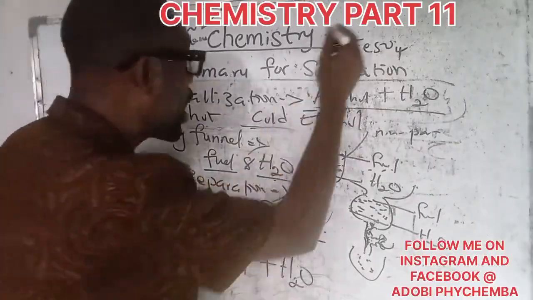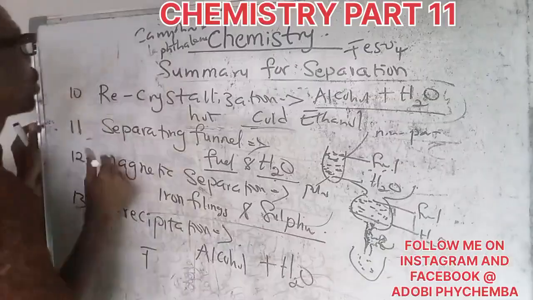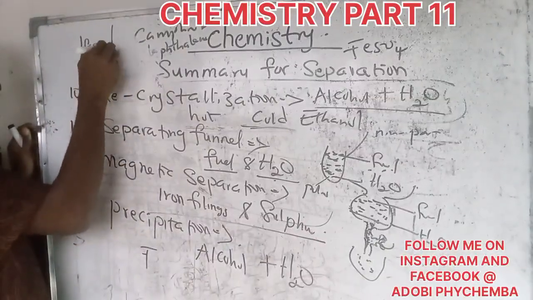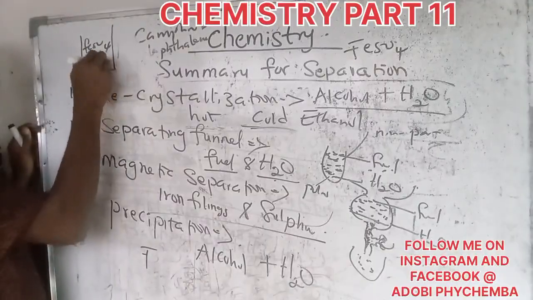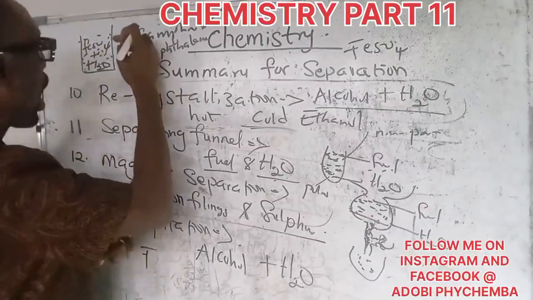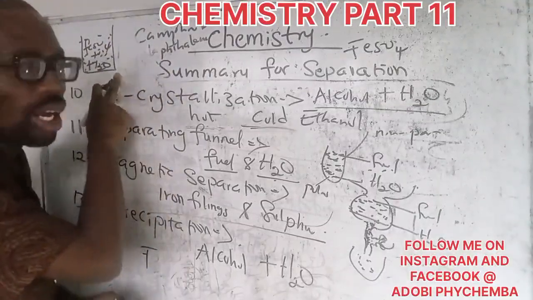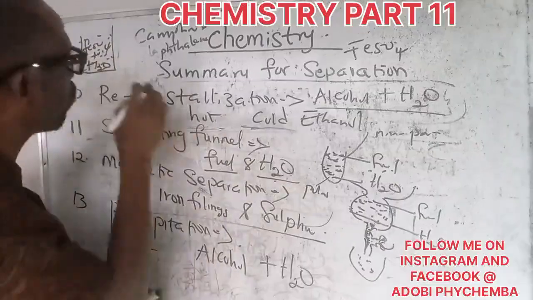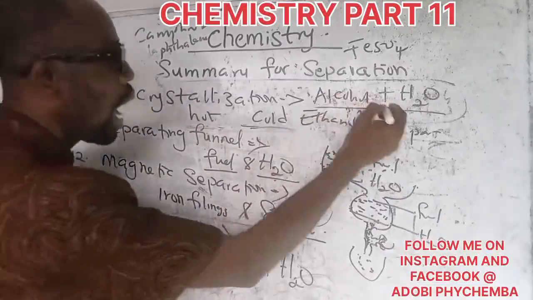When I mix iron(II) sulfate, FeSO4, with water, this is a solution of iron(II) sulfate. If I want to remove the iron(II) sulfate out of this mixture, I will bring in ethanol.